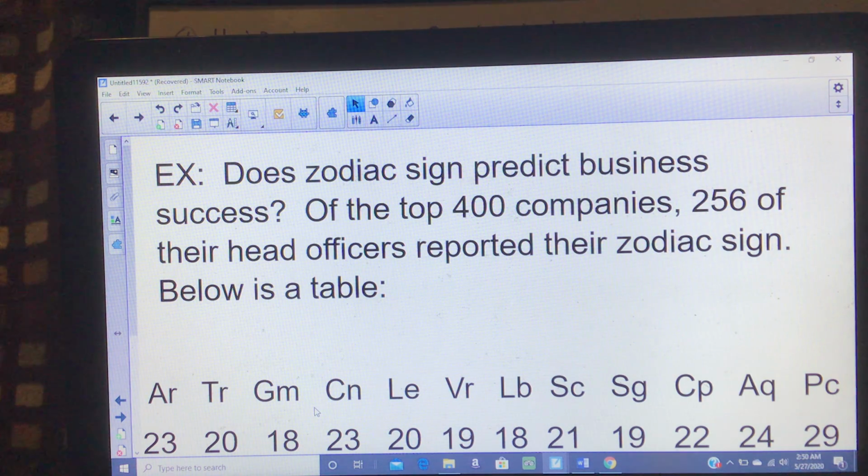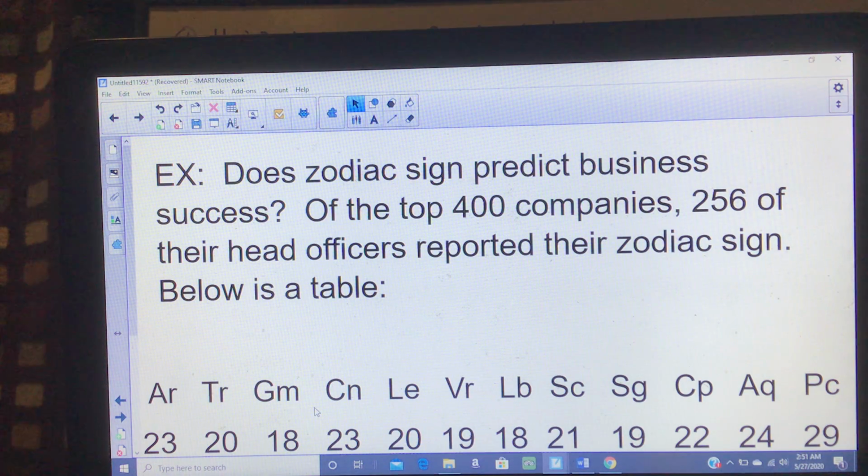Now, when we look at the values, some zodiac signs have more people in them than others. For example, Gemini only has 18 people. Pisces has 29 people. So the question here is, because Pisces has more, does this mean that it's the zodiac sign or some relation to that?